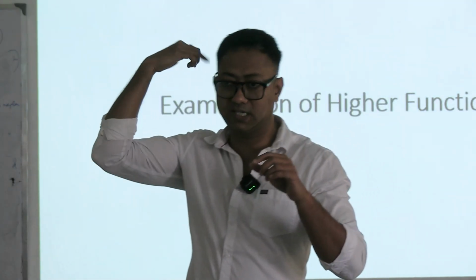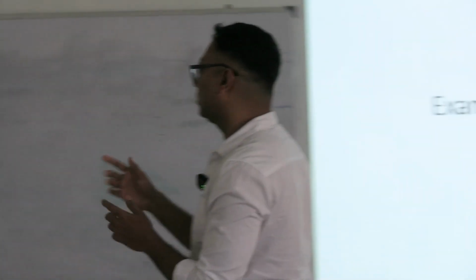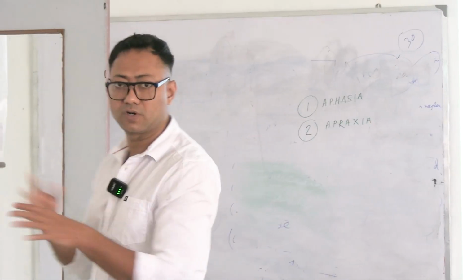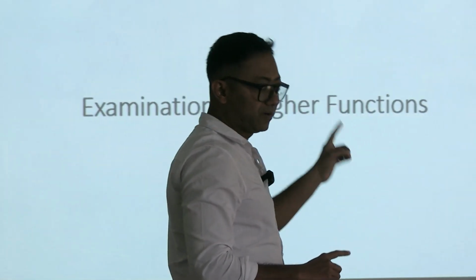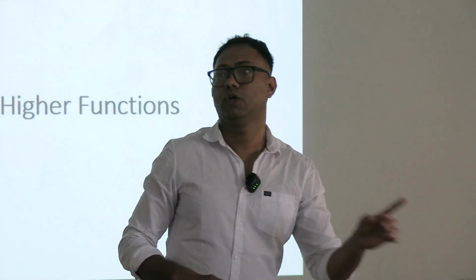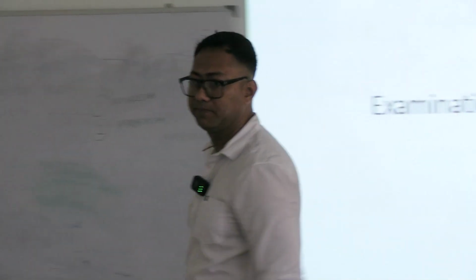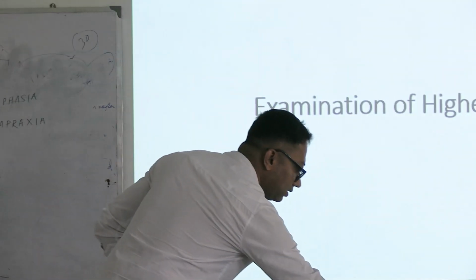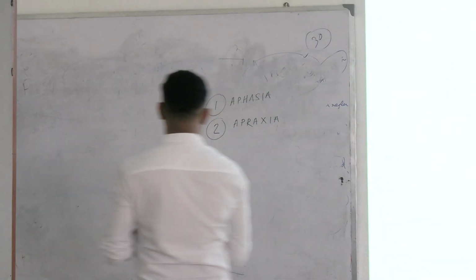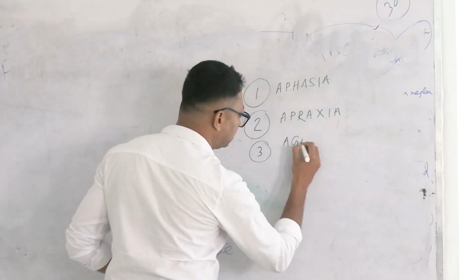So the problem is here, not in the peripheral motor part, muscle or nerve; there is no injury there. So apraxia is defined as inability to perform fine motor activity without any sensory or motor problem. Okay, apraxia, aphasia. Now 3 is agnosia.